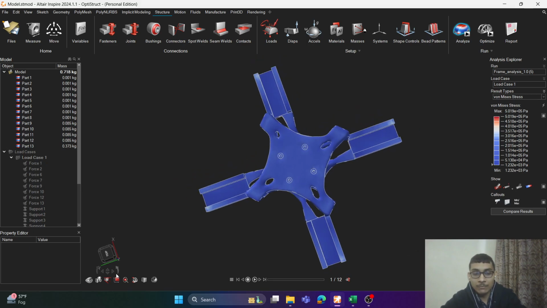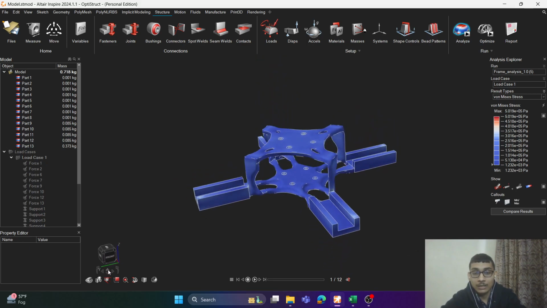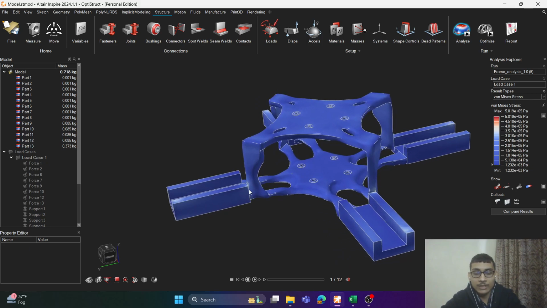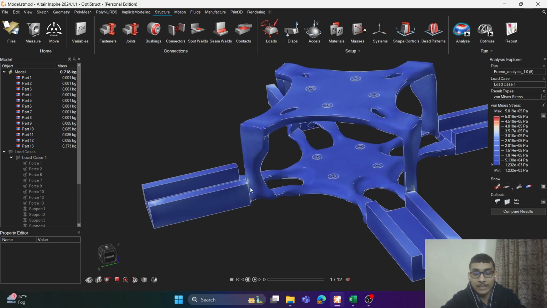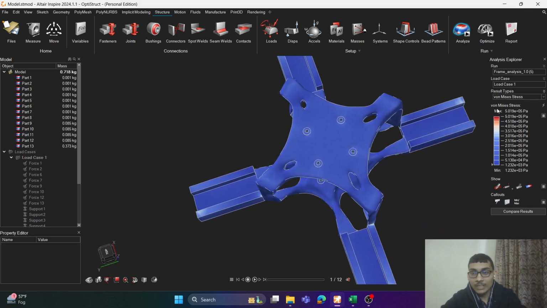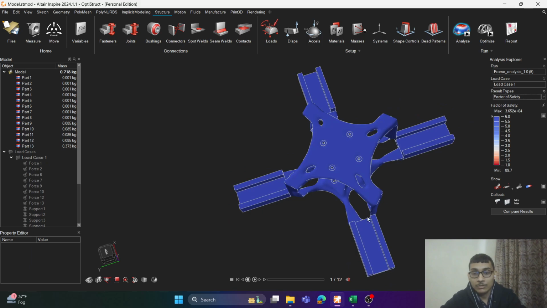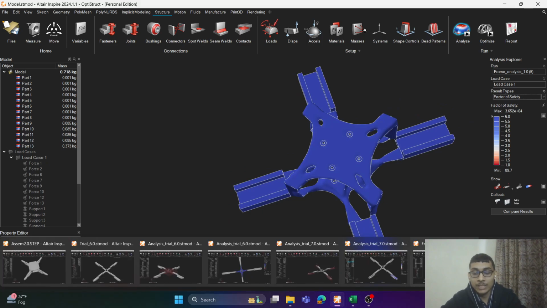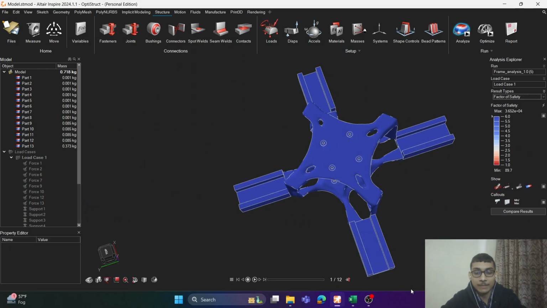You can see that the von Mises stresses are usually low, and it is only a little bit higher at the edges and the corners. And its factor of safety is also 6. So in the frame I am able to get a mass reduction from 1.201 kg to 0.718 kg.